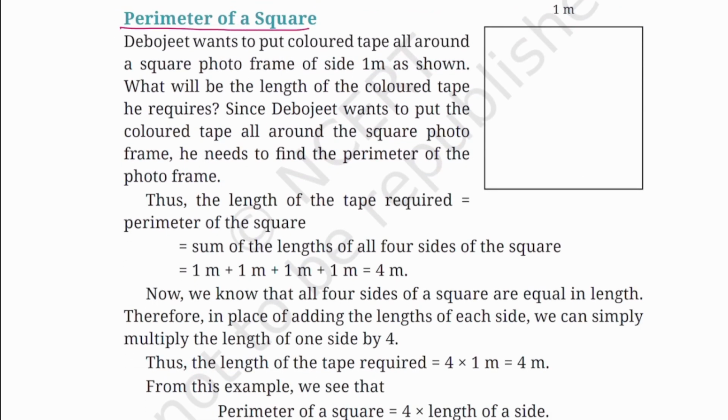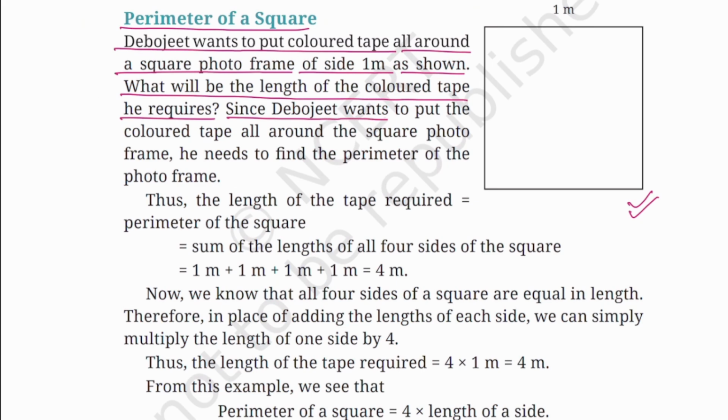Perimeter of a square. Debojit wants to put color tape all around a square photo frame of side 1 meter as shown. What will be the length of the color tape he requires?